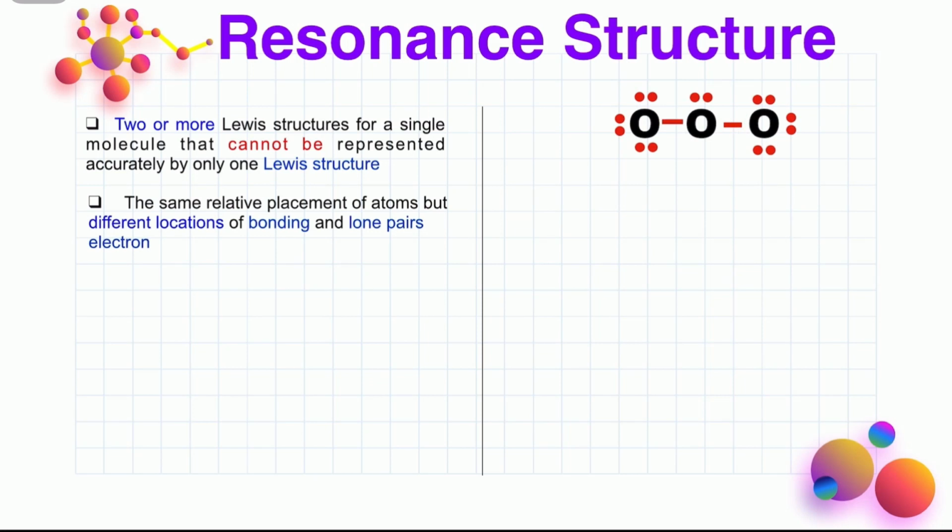By using the 4 steps to draw the Lewis structure, remember, firstly, you have to count the total valence electrons. One oxygen atom has 6 valence electrons. If there are 3 oxygen atoms, the total valence electrons in ozone is 18.